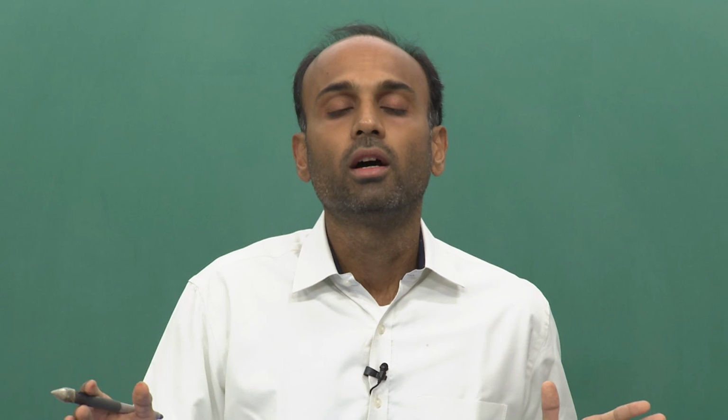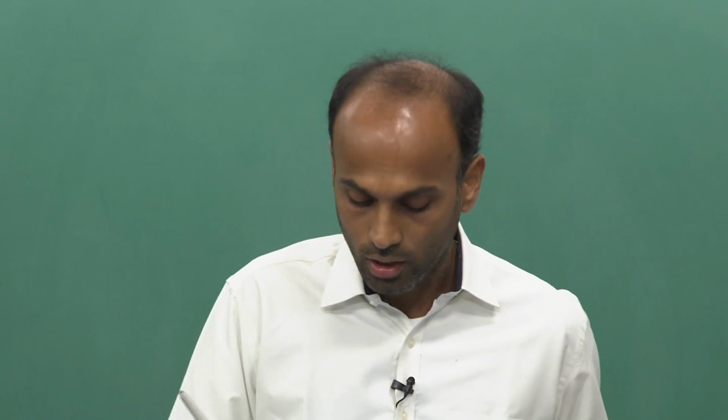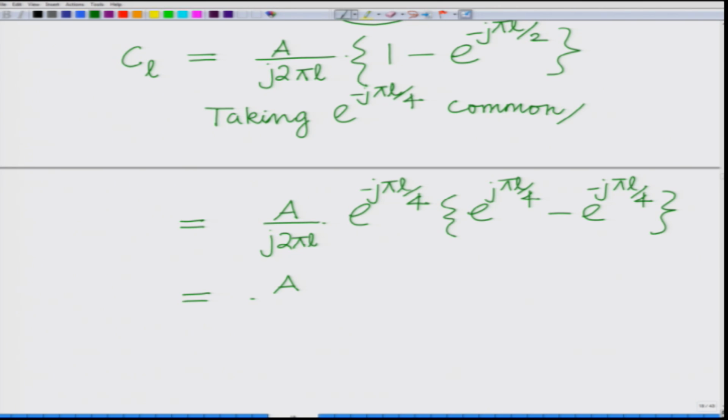That is, if you employ the substitution, e to the power of j theta is cosine theta plus j sin theta, what we have is A over j 2 pi L e to the power of minus j pi L by 4 into 2j sin pi L by 4.